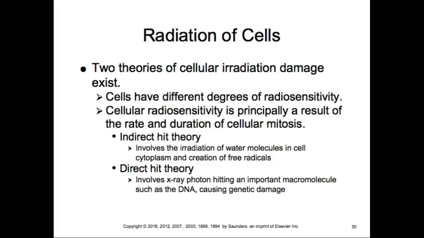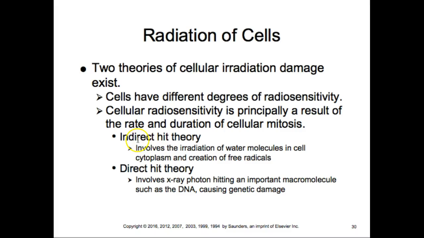So the radiation of cells. There are 2 theories of cellular irradiation damage. So cells have different degrees of radiosensitivity. Cellular radiosensitivity is a principal result of the rate and duration of cellular mitosis. So I'm going to start down below here with the direct hit theory. It involves X-ray photons hitting an important macromolecule such as the DNA, causing genetic damage.